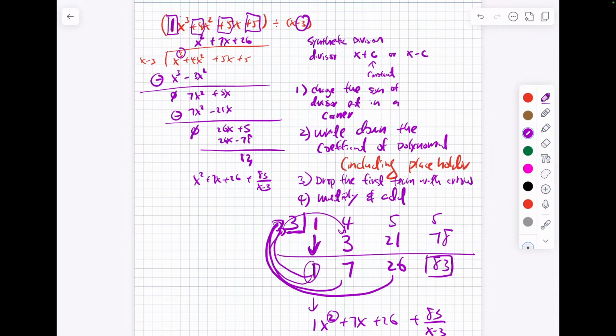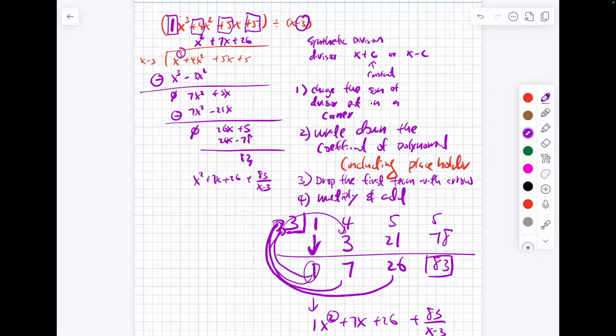Where are the numbers you got? Oh, X squared. It's a 5x to the third, not squared. Oh yeah.